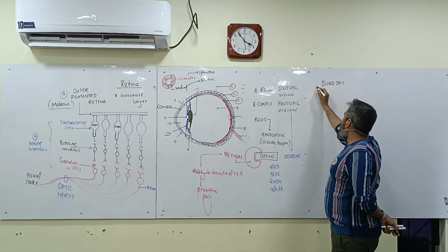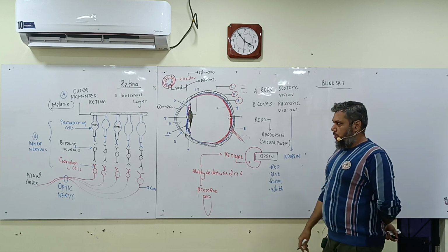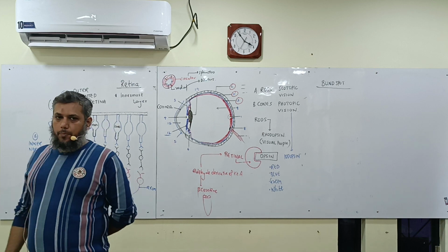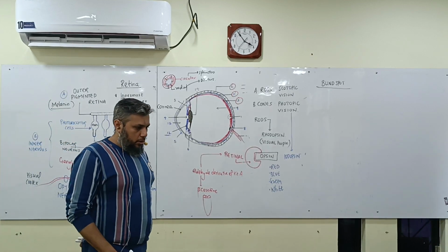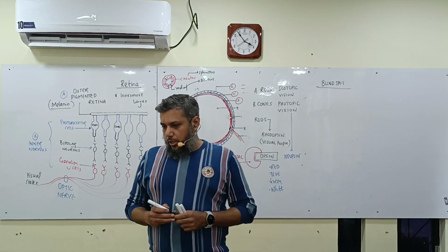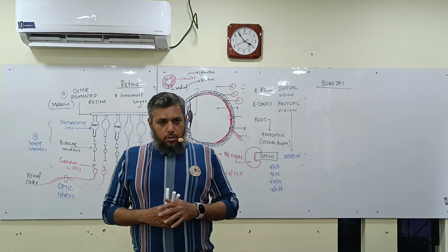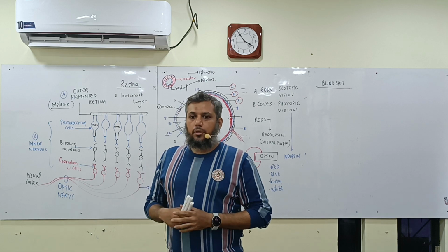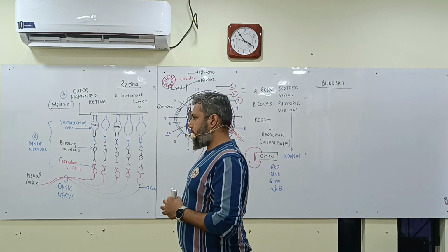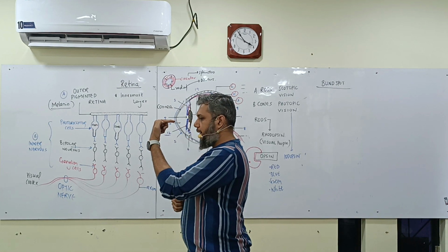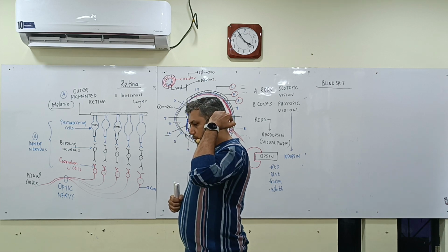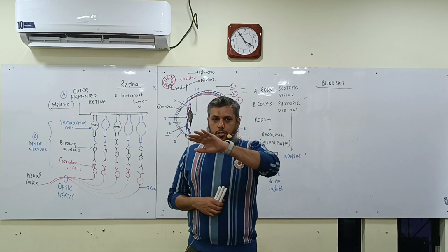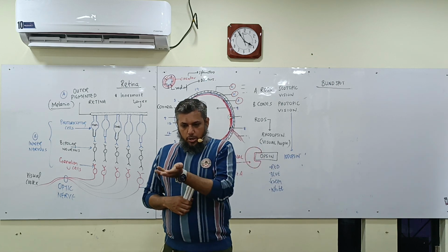किस पे focus करें चलो लोग? Blind spot. Now what is this blind spot? Which spot is called the blind spot? Okay. Now if you have a spherical body, this is the spherical body. I am standing like this. So this side will be anterior, and this will become the posterior.